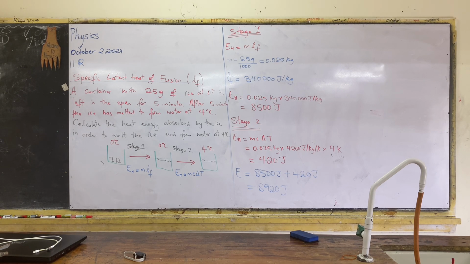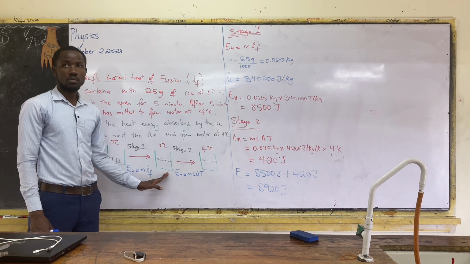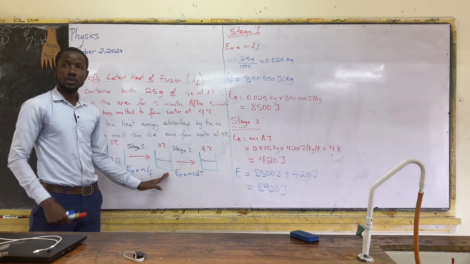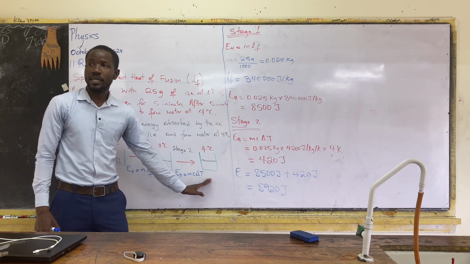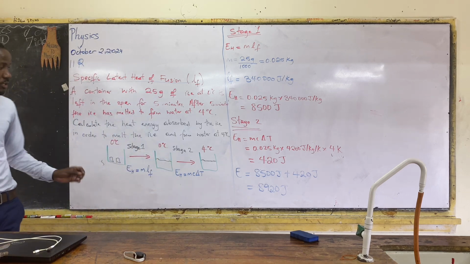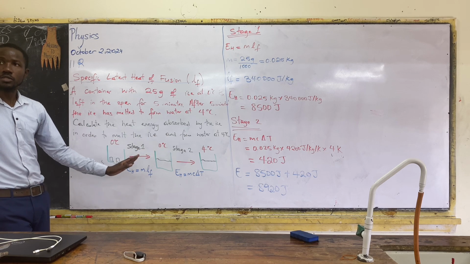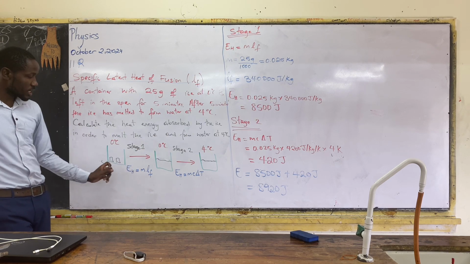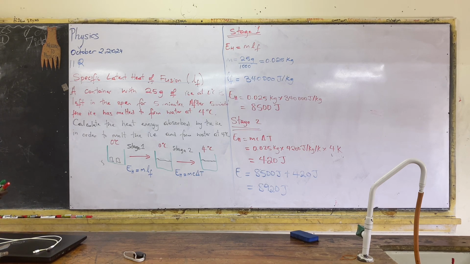We absorb energy to melt, to form water at 0. Then we absorb an extra amount to raise the temperature. In order for the substance to start to increase its temperature, it must completely change to a different state, in this case from solid to liquid. So that's what we see right there.